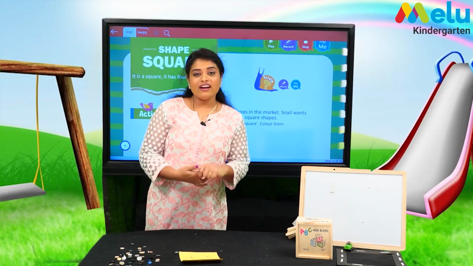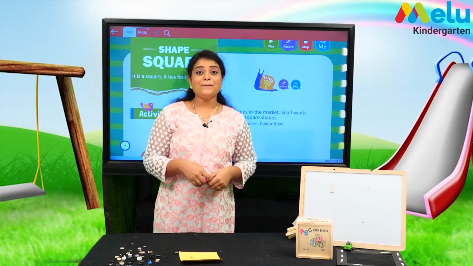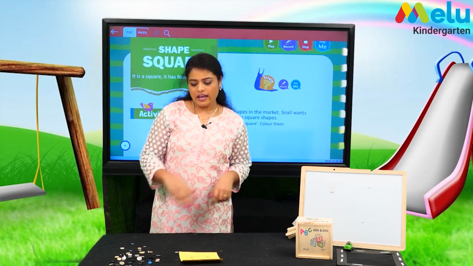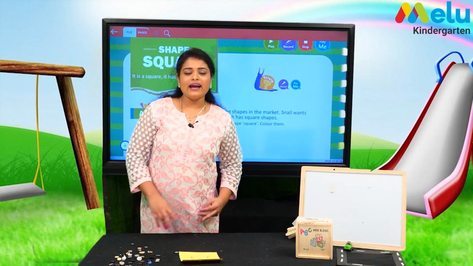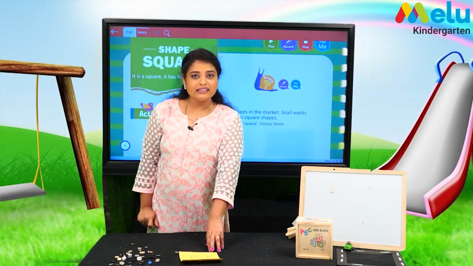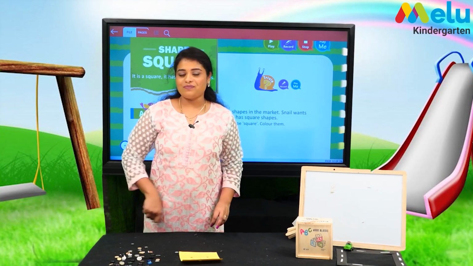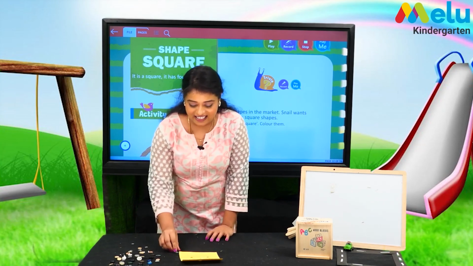So children, now let's trace the shape square using buttons. Yes, so I have bought few buttons for you. Yes, here are few buttons and here I have a shape square and now let's place buttons on the shape. Yes, tracing the square. Let's start.